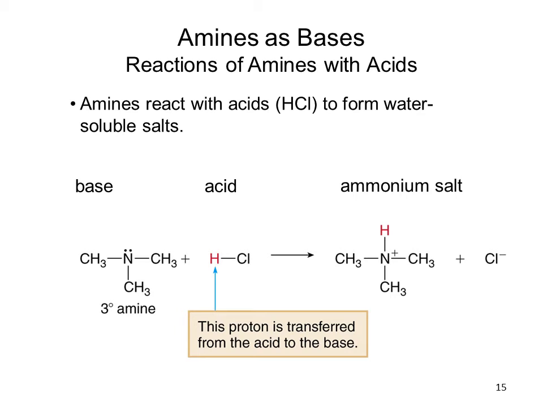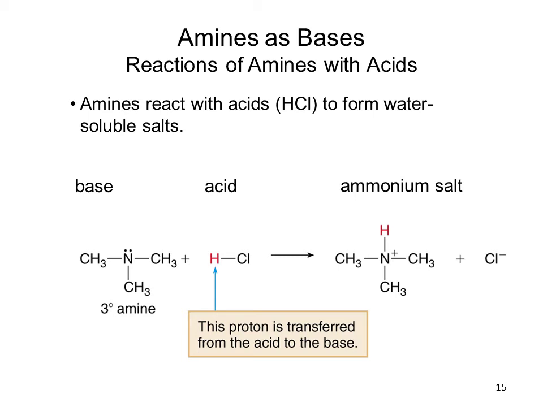The nitrogen in the amine base has a non-bonding pair that reaches out and grabs the proton in the acid. When it pulls the proton from the acid onto itself, you can see the nitrogen then has a hydrogen attached to it, and it has a positive charge. This leaves a negative charge behind on the rest of the acid, so it's basically the conjugate base, and it has a negative charge.